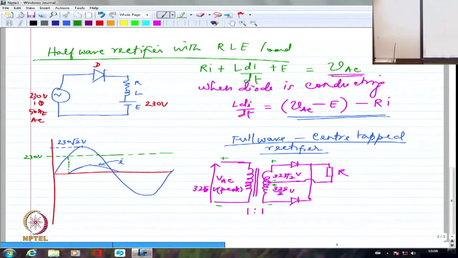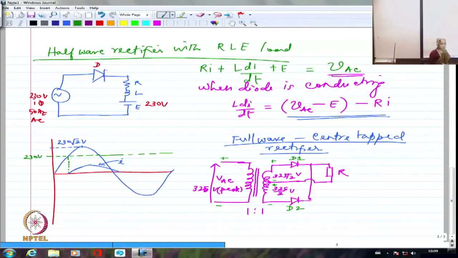If I may call this D1, D1 will conduct during positive half cycle, and only the upper portion of this transformer secondary will be active. Similarly, during negative half cycle, only D2 is going to conduct, which means I will have only the lower portion of the transformer secondary side being active.